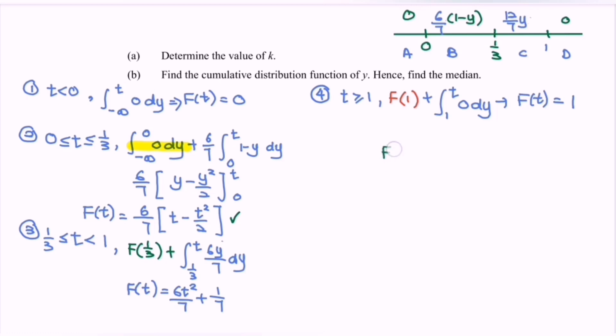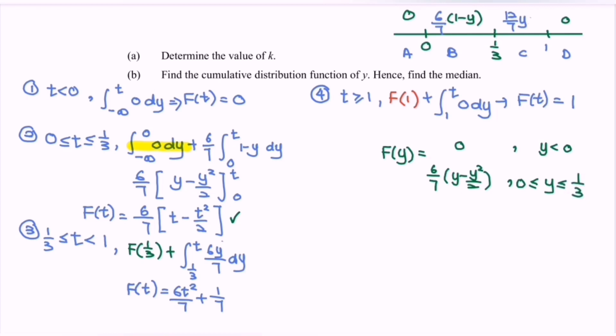So here we have the cumulative distribution function. At the beginning, the function is 0 for y less than 0. Continuing, the second function is 6/7 times (y minus y squared over 2), with the range y greater than or equal to 0 and less than or equal to 1/3.